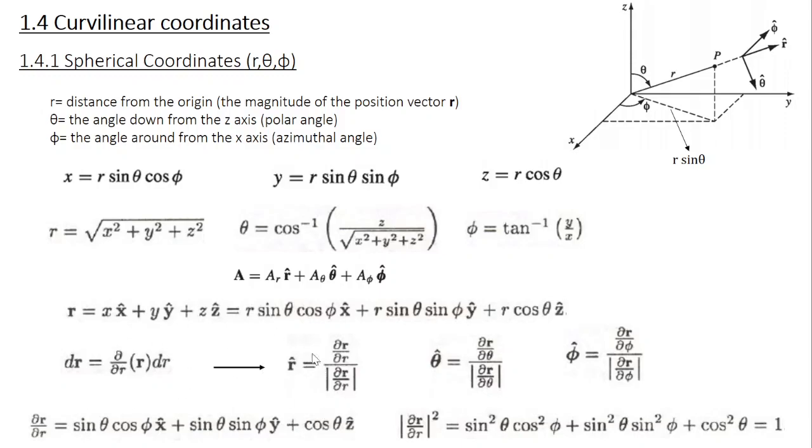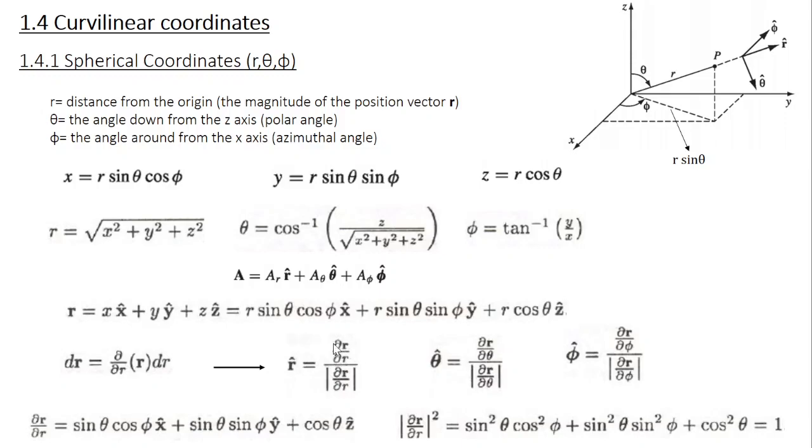Now if you want a unit vector in the direction of r, you need to divide dou r by dou r by its magnitude, the magnitude of dou r by dou r. Here the numerator is the vector and the denominator is the magnitude of that.